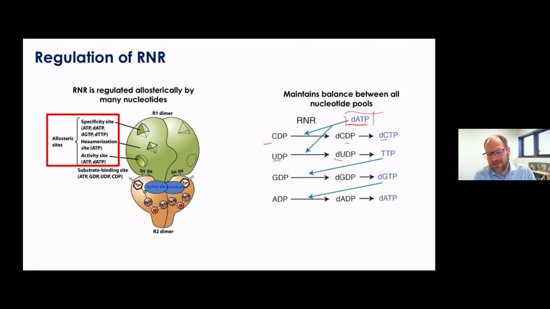Each of these products is then used to inhibit other steps. TTP is used to regulate the conversion of GDP into deoxy-GDP, and deoxy-GTP is used to inhibit the production of deoxy-ATP, and you remember that deoxy-ATP was used to regulate CDP. So it's this beautiful interwoven regulatory network that allows you to get the right balanced levels of all the deoxynucleotides. Cool.